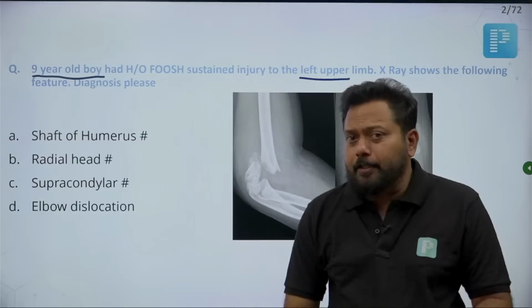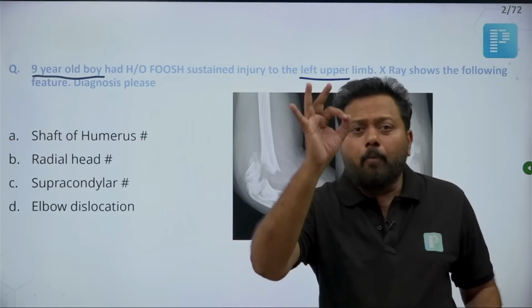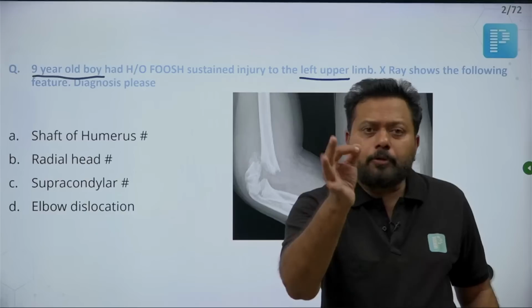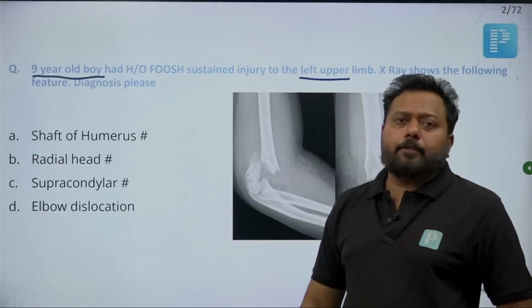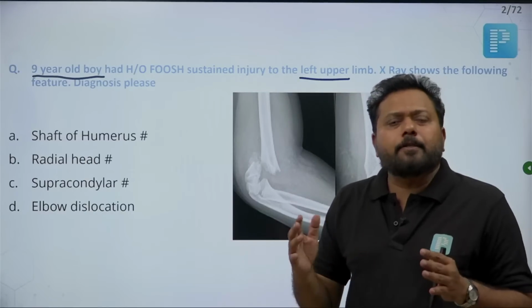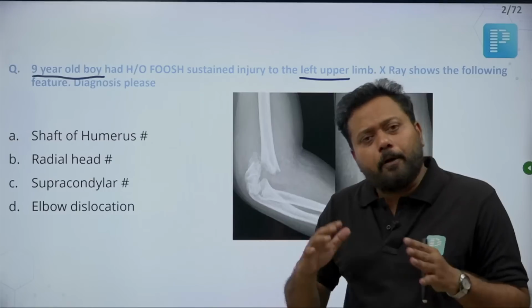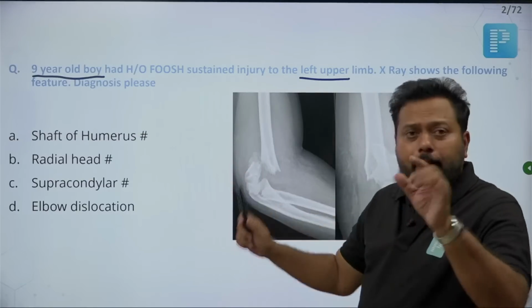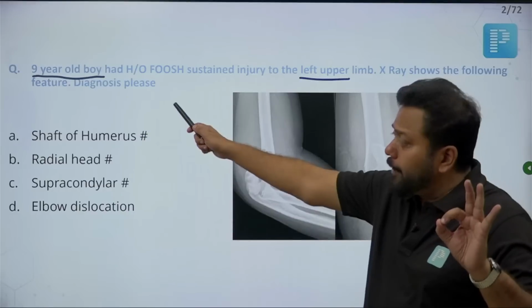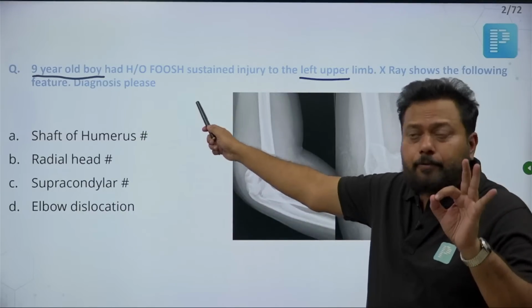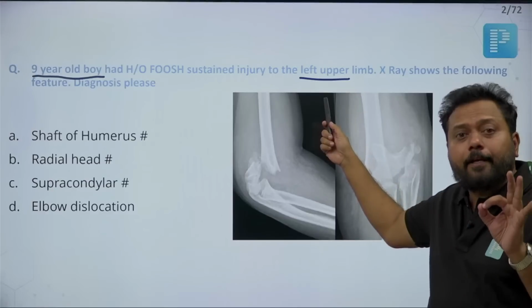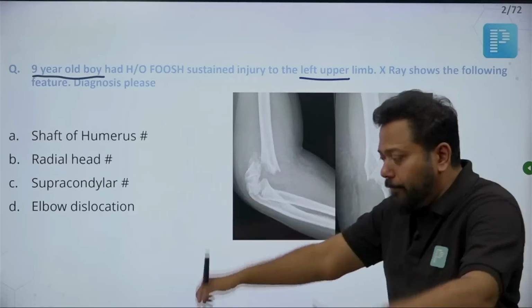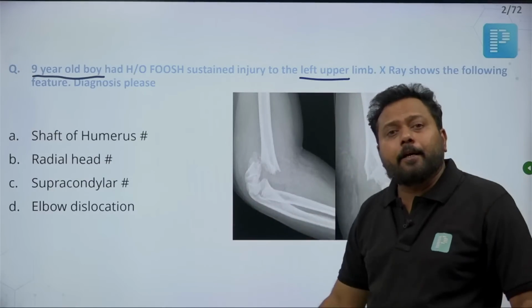For these three reasons, whenever a child falls on an outstretched hand, the most common fracture is supracondylar fracture. Supracondylar fracture is not that common in adults; it is a fracture of childhood below 10 years. That's why I said these are all important MCQs. 9 years is an MCQ, boy is an MCQ, and more common on the left side is an MCQ, because whenever we fall, most of us are right-handed individuals.